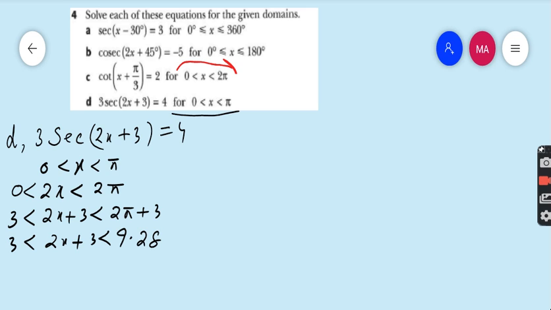So we need to find all angles which lie in this domain, that is from 3 to 9.28.